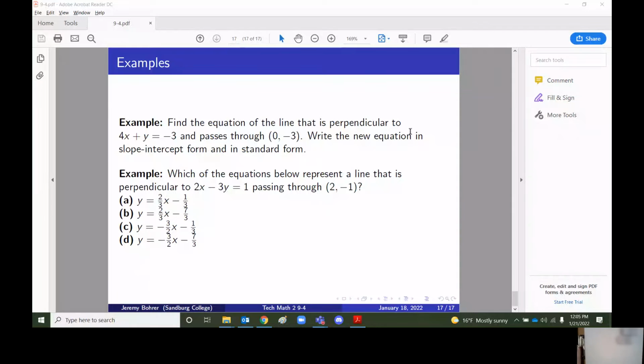So, last set of examples. We want to know which of the equations below represent a line that is perpendicular to 2x minus 3y equals 1 and passes through (2, -1). Okay, and they give us 4 options.